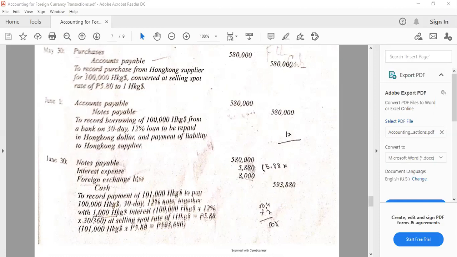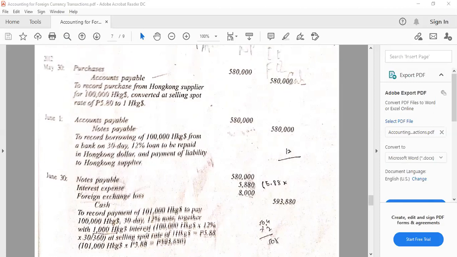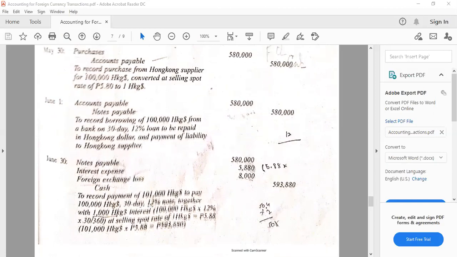Well, the gain or loss is, if you can notice, 5.88 as the rate minus 5.80 is 0.08 times 100,000 units, which is 8,000. There is no loss yet attributable to the interest because this is the contract date. May 30 is really the contract or transaction date, and this is the conversion of a liability to another liability.